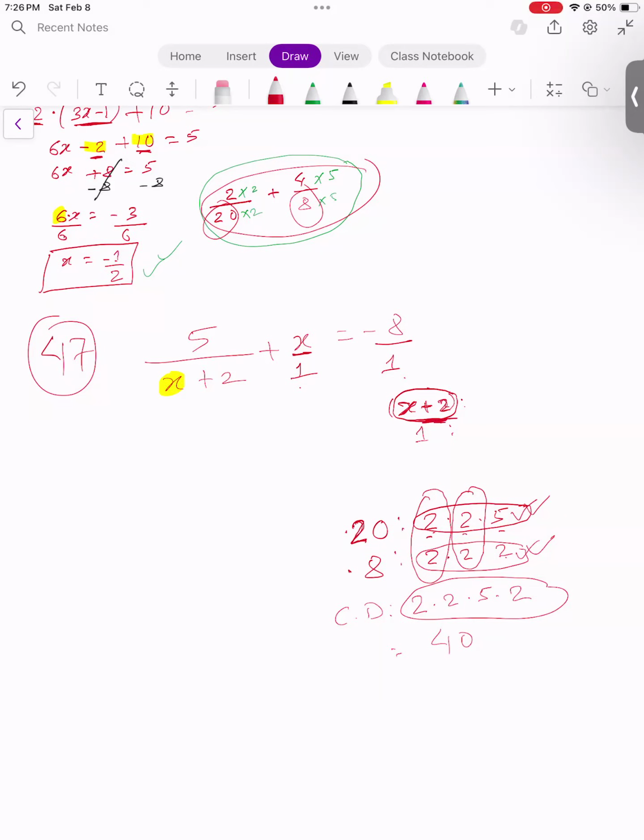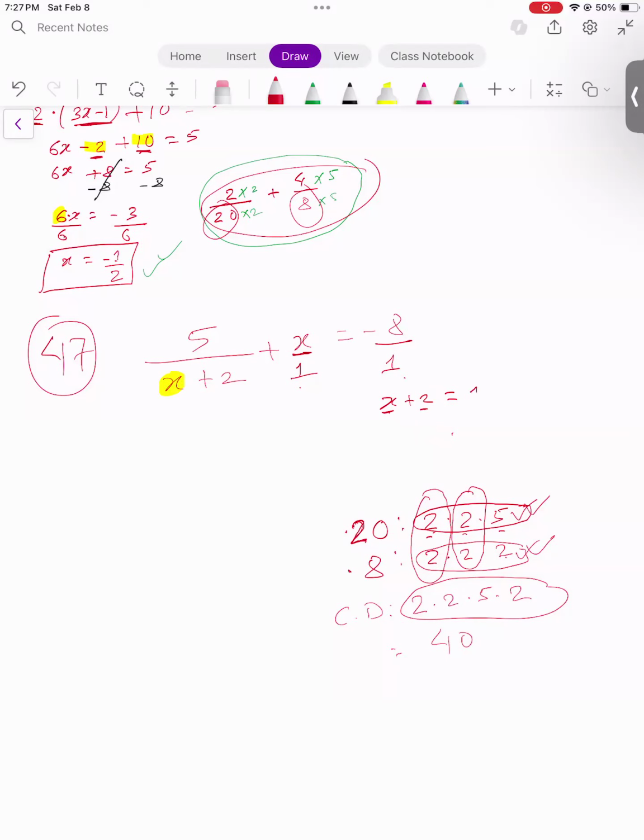The first step is that you look for the common factor in each term. We have two terms here, x and positive 2. We don't have any common factor, but we can rewrite this. Let me show you here. We have x plus 2, so we look for the common factor in these two terms.